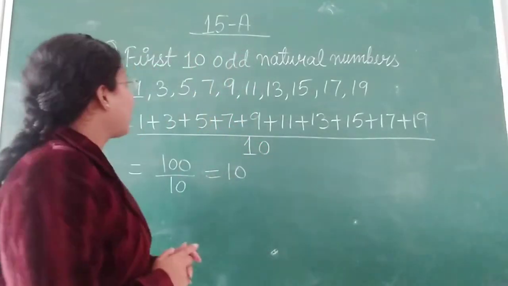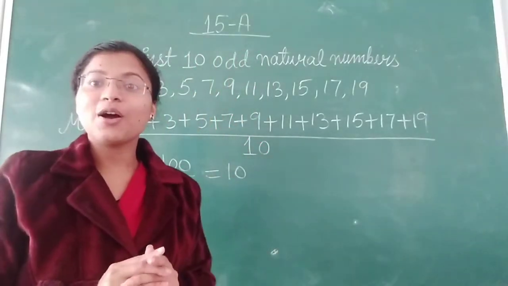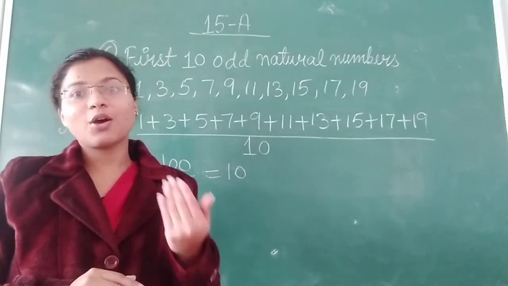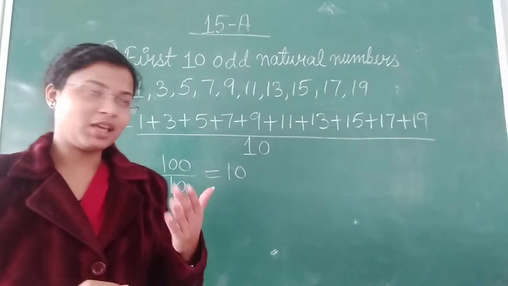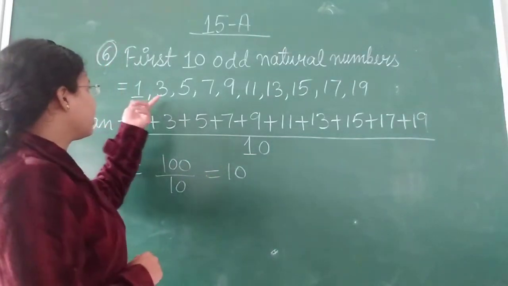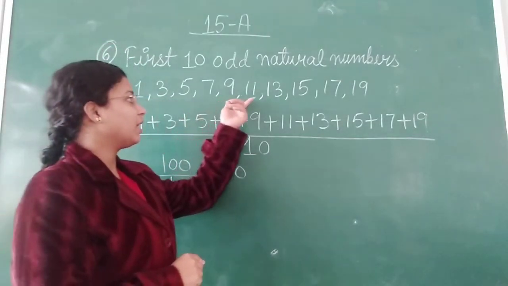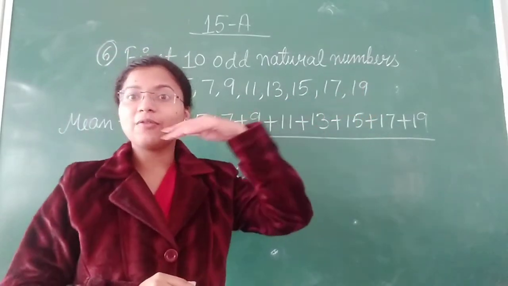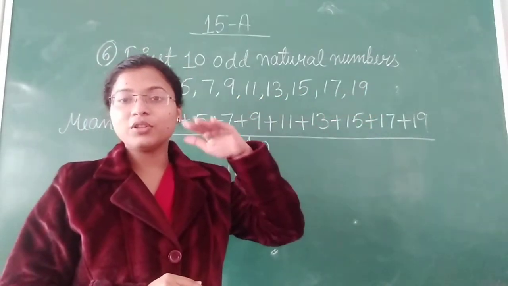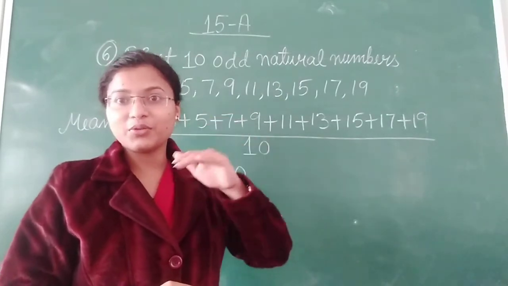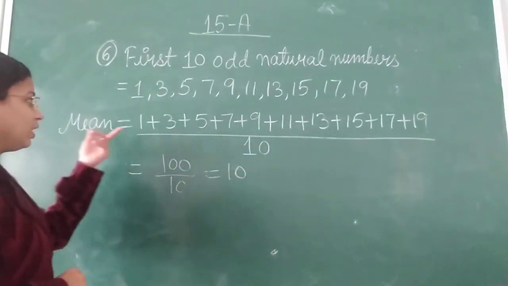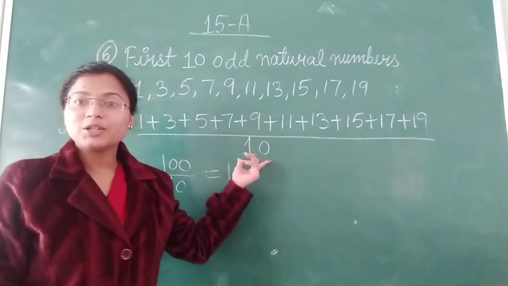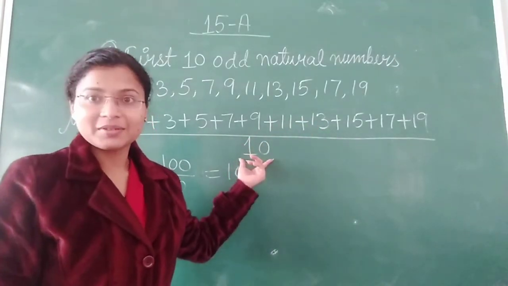So you have to write down the first 10 odd natural numbers. You can say odd number or you can say odd natural number, both are the same. So the numbers will be 1, 3, 5, 7, 9, 11, 13, 15, 17 and 19. So first you have to add them all and divide by the total number, and the total number we are having is 10.